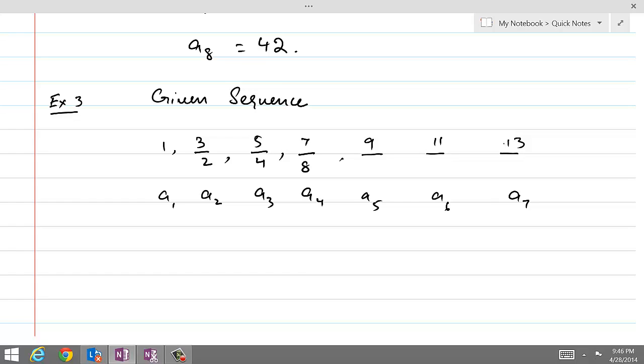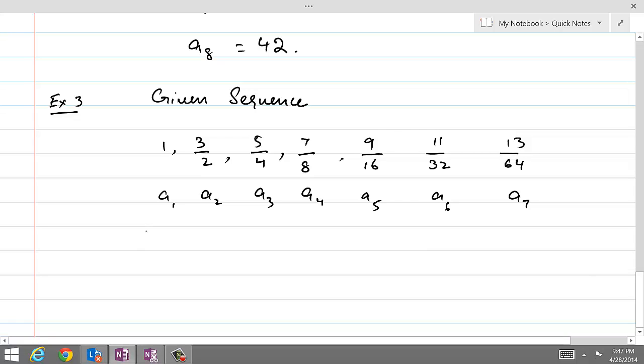In the denominator, if you take a look, 2 times 2 is 4, 4 times 2 is 8, 8 times 2 would be 16, and 16 times 2 would be 32, and 32 times 2 would be 64. So this is a pattern in which we can write down the terms of this sequence.